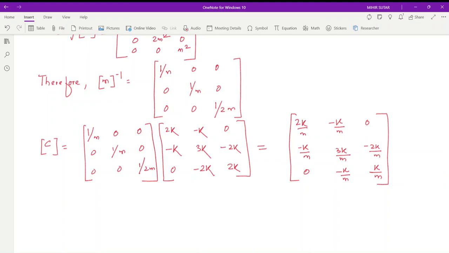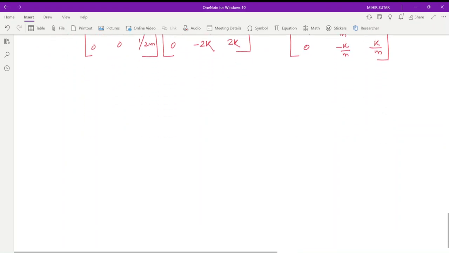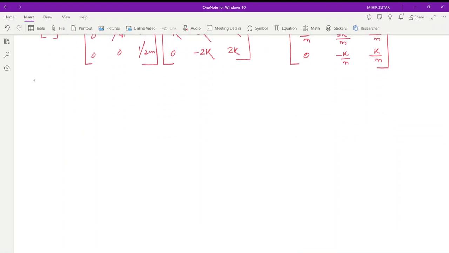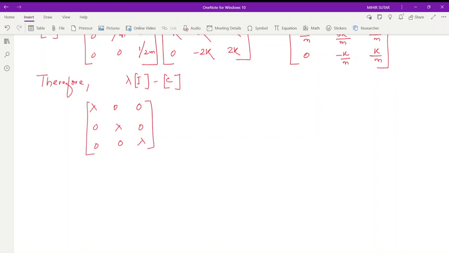Now you can write, therefore, the value lambda I minus C will be lambda 0 0, 0 lambda 0, 0 0 lambda. The multiplication of lambda with the unit matrix will give you this.